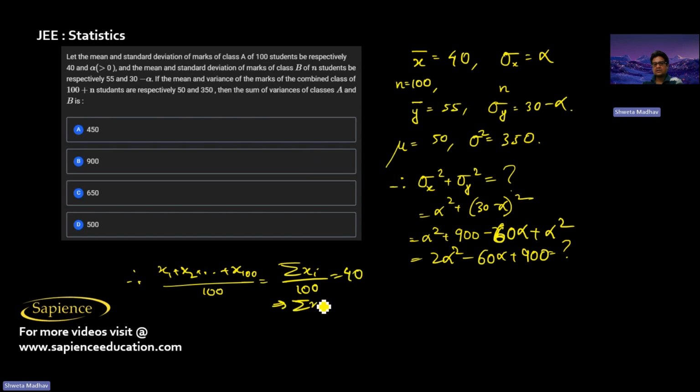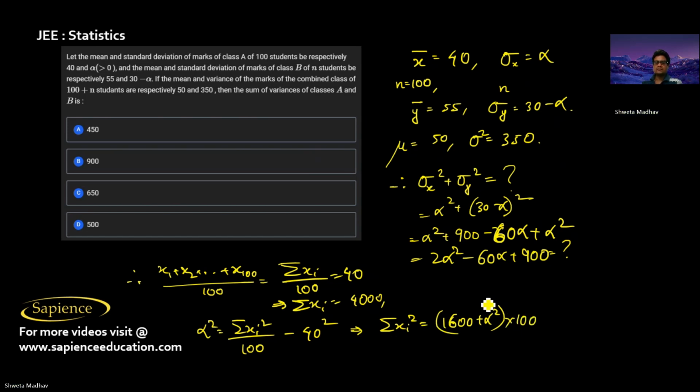So summation xi is 4000, and sigma x square, I can say alpha square, is equal to summation xi square by 100 minus 40 square. That means summation xi square is equal to 40 square, that is 1600, plus alpha square, into 100.